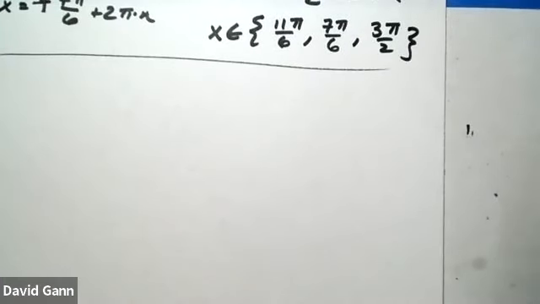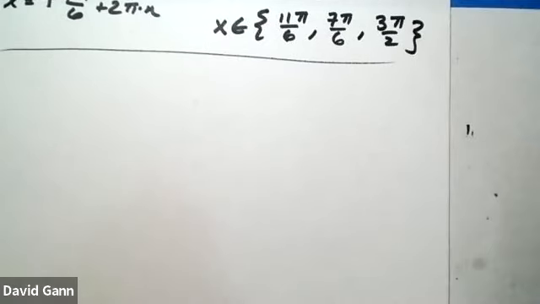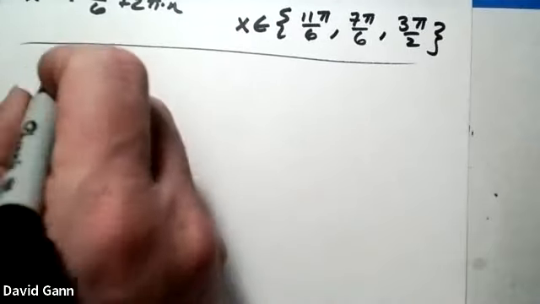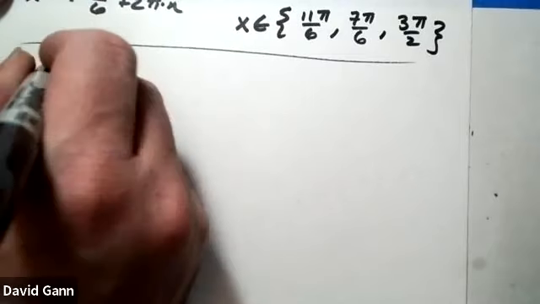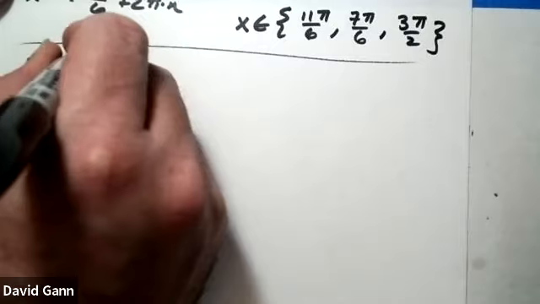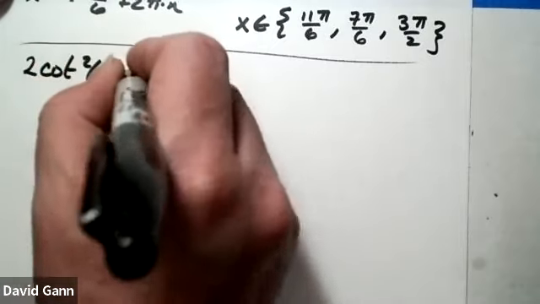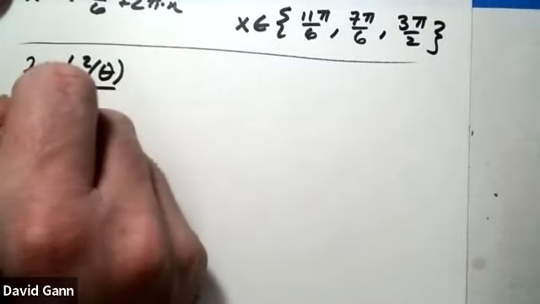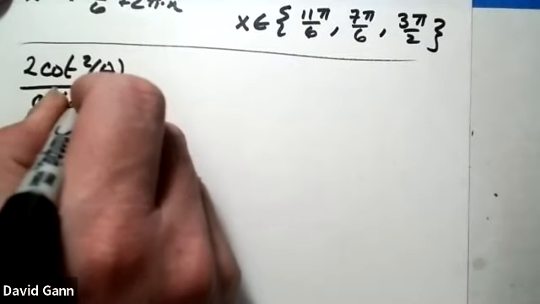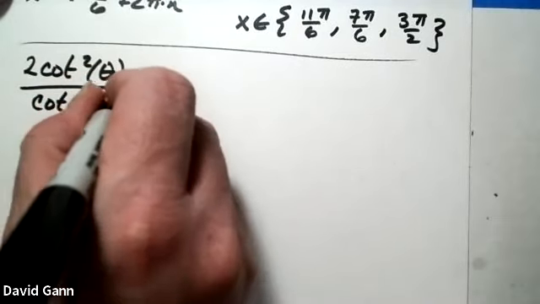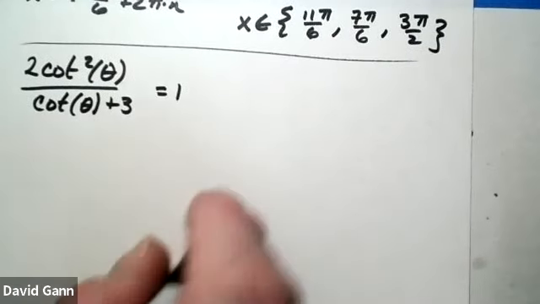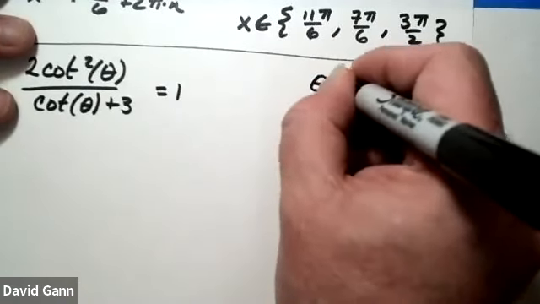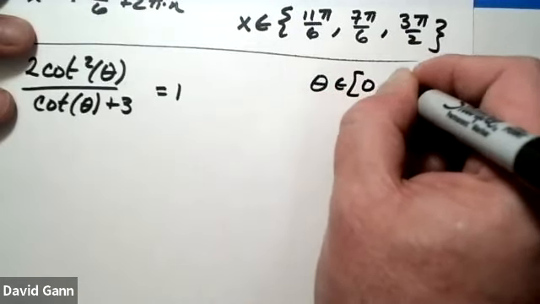Suppose you have this equation: 2 cotangent squared of theta over cotangent of theta plus 3 equal to 1, and let's say that theta is between 0 and 360.